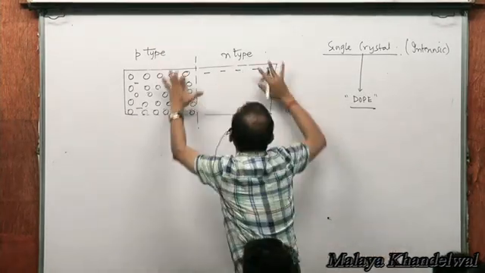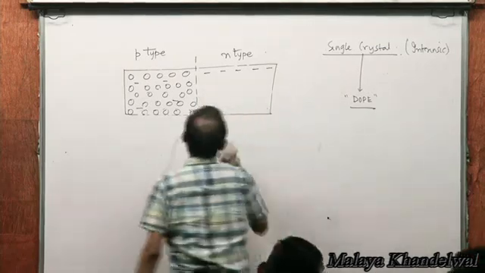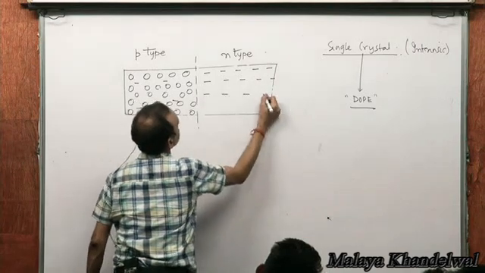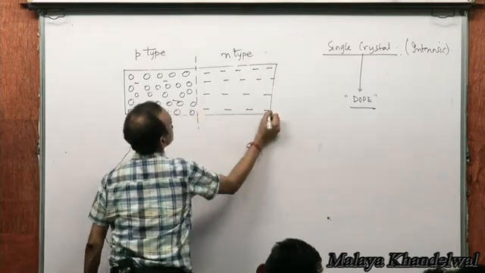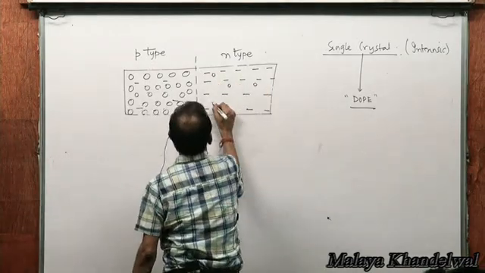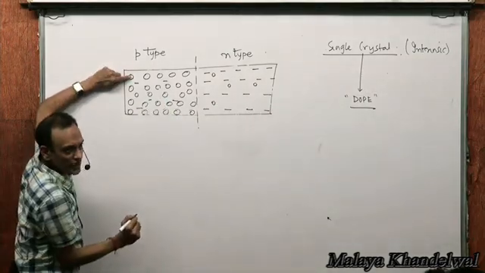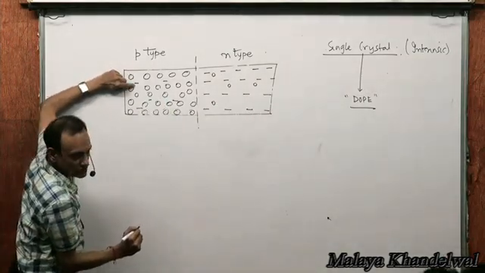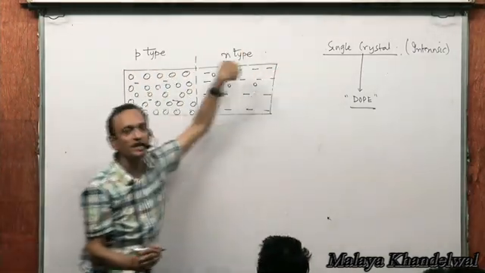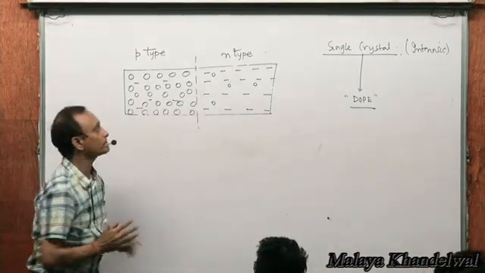Think of this as a gas of electrons, right? Large number of electrons and traces of holes here. In the p-type, holes are majority charge carriers, electrons minority charge carriers. In this n-type, electrons are majority charge carriers, holes minority charge carriers. Yes or no?